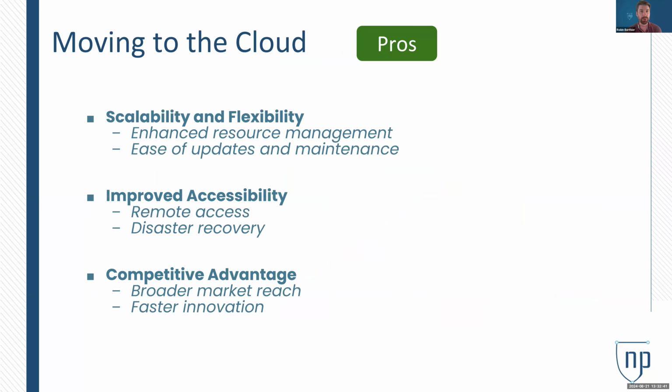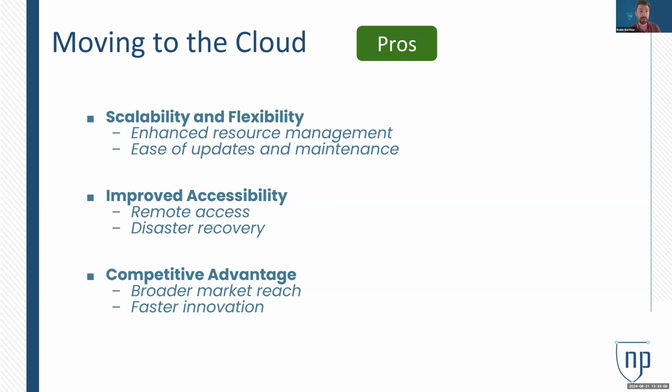So in terms of pros, we're looking at, as I said, scalability and flexibility, because with the cloud-based deployment, we're no longer limited by local resources. It's also much easier for us to push software updates and troubleshoot network modeling issues without having users upgrade a piece of software manually on their side.